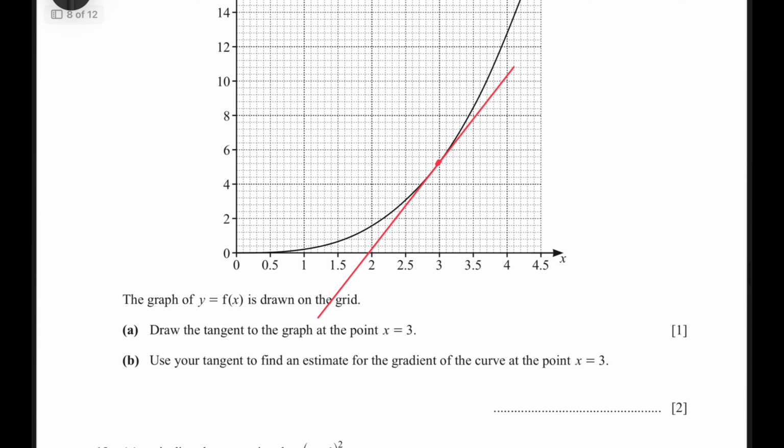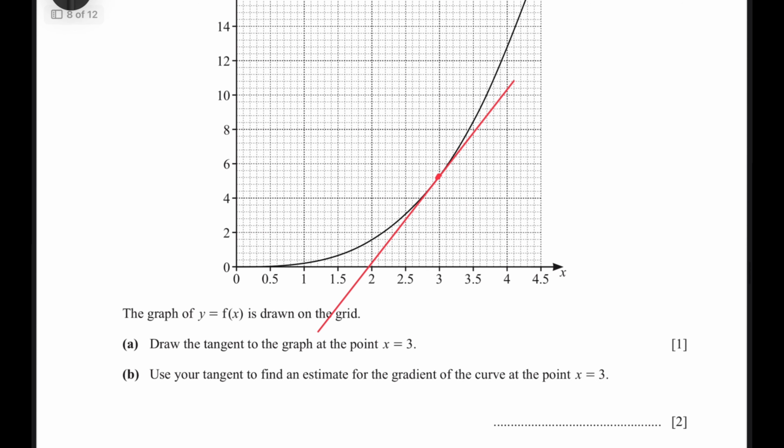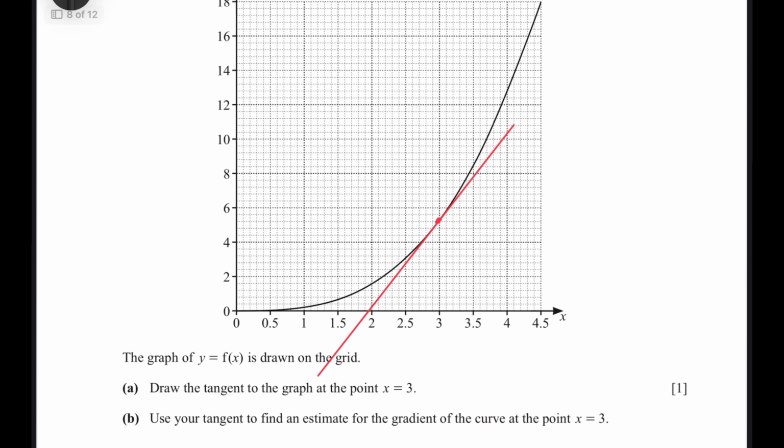Now use your tangent to find the gradient of the curve at the point x equals 3. So basically we have to find the gradient of this line. From this point, let's complete a triangle, drawing a straight line over here and another over here.